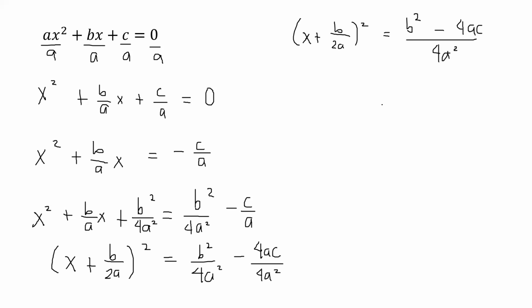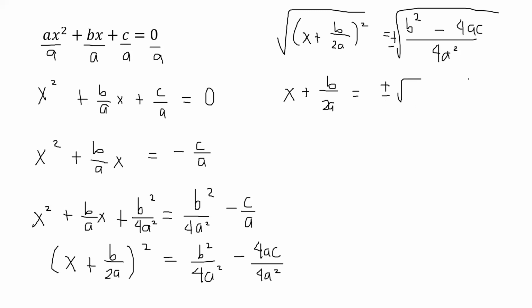And now we can take the square root. That's what we do in completing the square: take the square root of both sides. So the square root of x plus b over 2a, quantity squared, is equal to plus or minus the square root of b squared minus 4ac over 4a squared. The left-hand side becomes x plus b over 2a, and the right-hand side becomes plus or minus the square root of b squared minus 4ac over the square root of 4 and the square root of a squared, which becomes 2a.